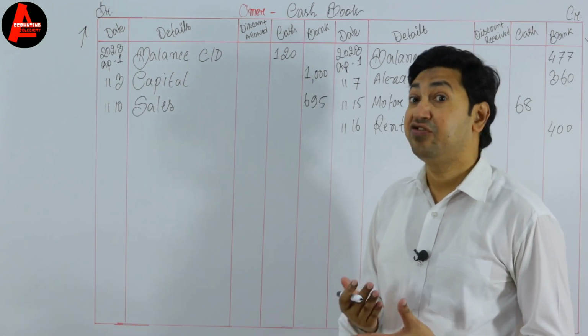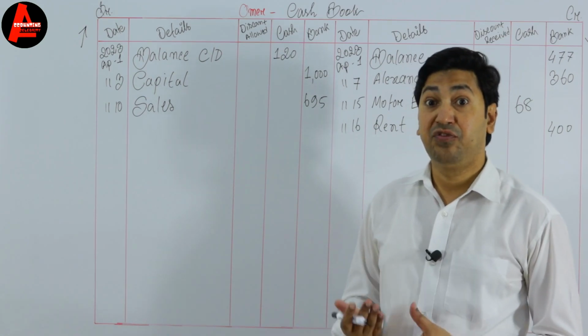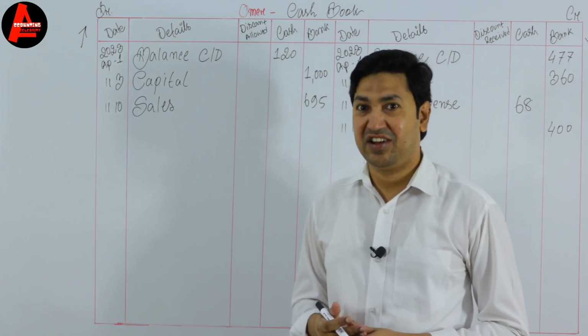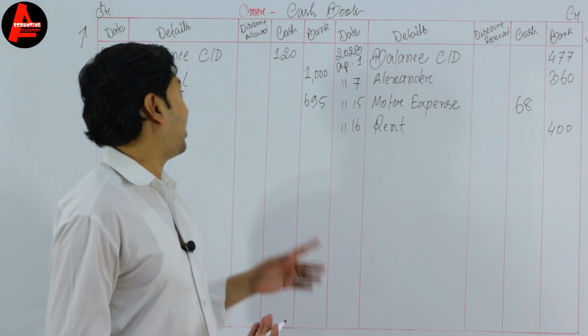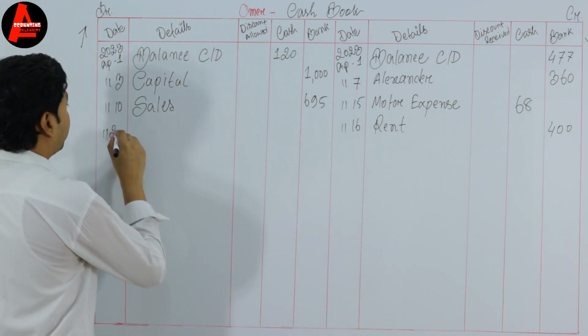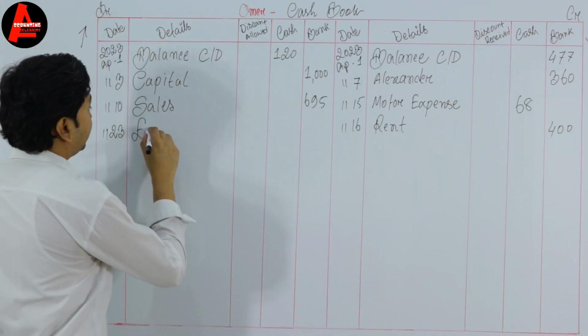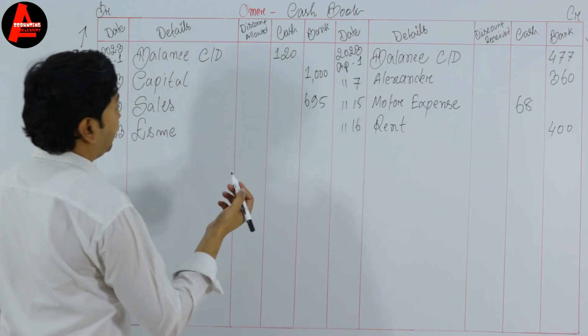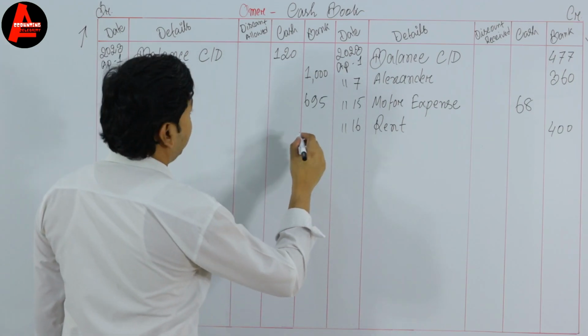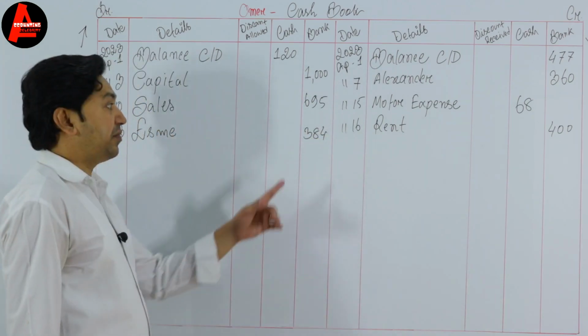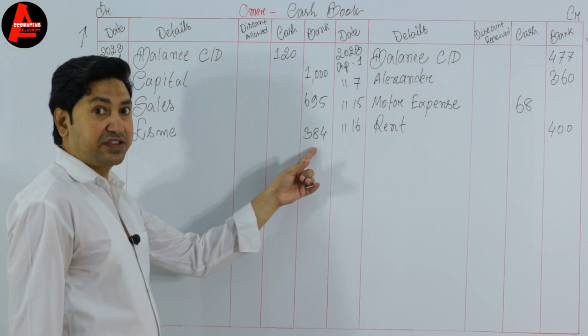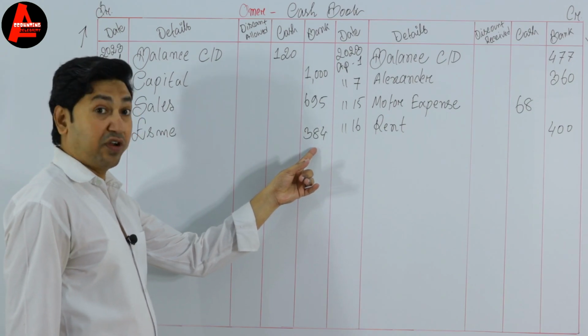Received $384 in full settlement of $400, so there will be a discount. Let us write April 23, we received from SME a check of $384, in full settlement of $400.